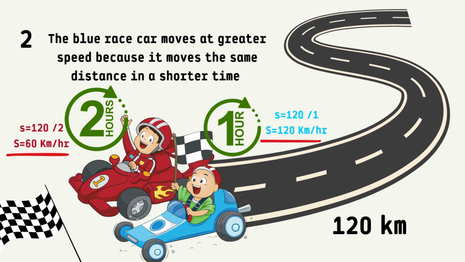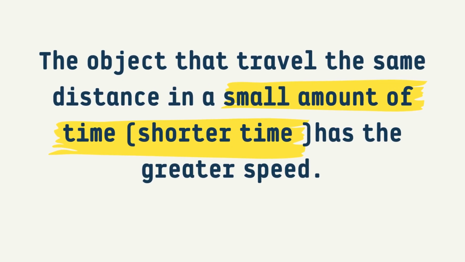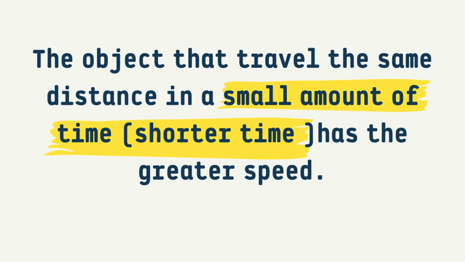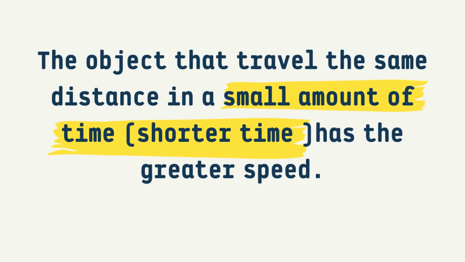So we can conclude here that the object that travels the same distance in a shorter time, as the blue race car moves the distance in 1 hour, has greater speed.